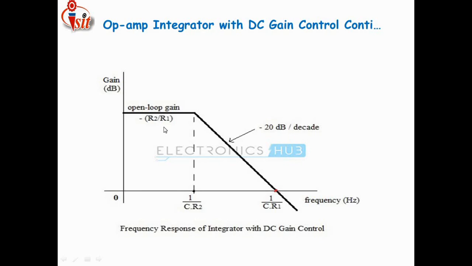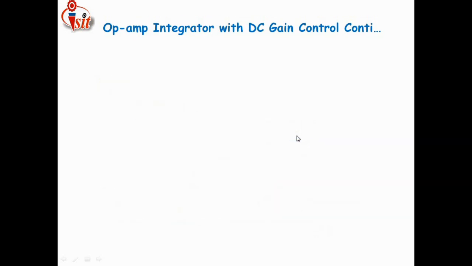Depending upon which input terminal we use, the gain will vary, either inverting or non-inverting. And there is a minus 20 dB per decade roll-off here. Just see the curve. Over some distance the open loop gain is constant, and apart from that, at some specific level it goes on decreasing.